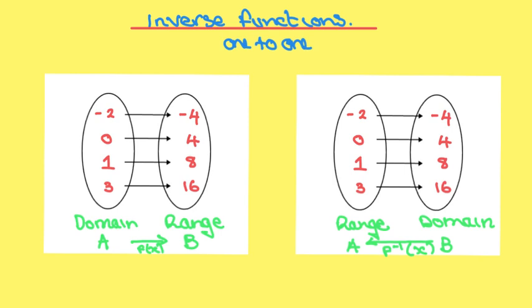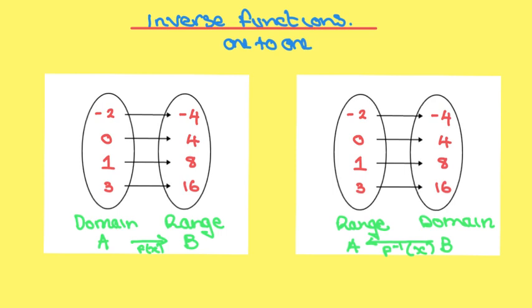So now the range has become the domain. It goes through the inverse function, which is denoted as f to the minus 1 of x, and the old domain now becomes the range. But this only works for a one-to-one function.